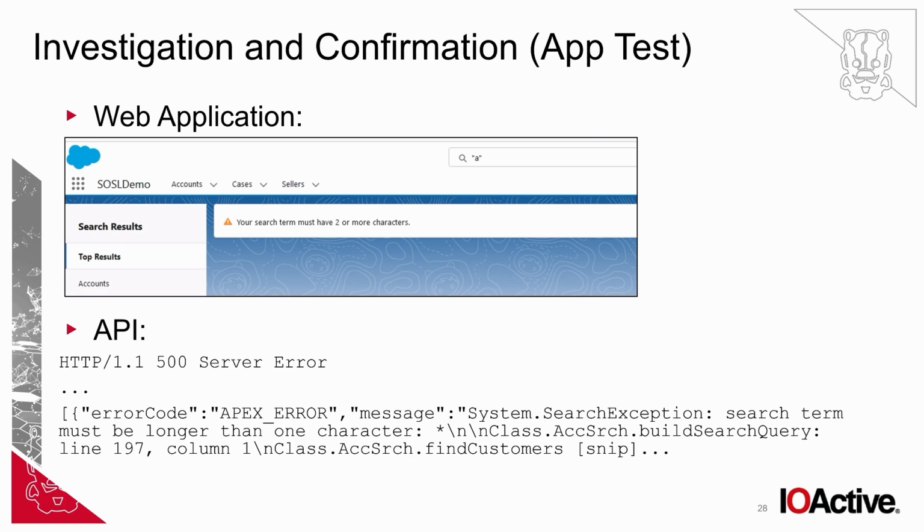You can see the result of searching for the letter A in quotes, and that's a definitive Salesforce SOSL error there. For an API test, you'd get back that HTTP 500 error, and it would be defined by the Salesforce error code APEX_ERROR with the same message again in all of them, about the search term requiring more than one character.